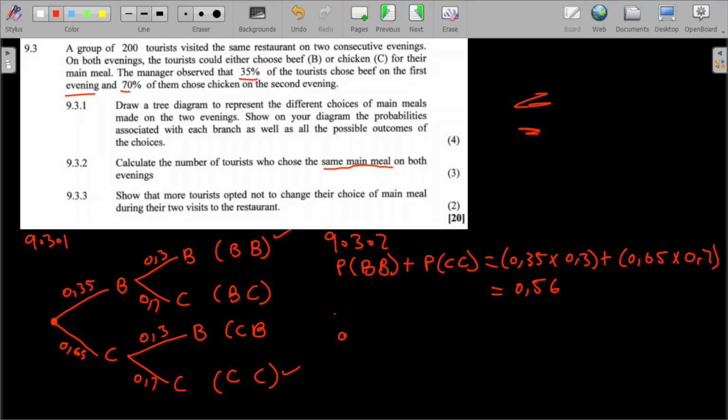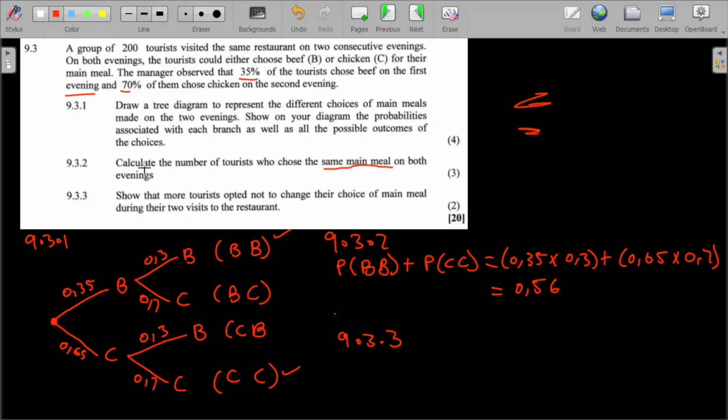Now 9.3.3, they're saying show that more tourists opted not to change their choice of the main meal during their two visits to the restaurant. What is very important here is to find the number of clients who choose a different meal. Oh, I'm not done with this question.